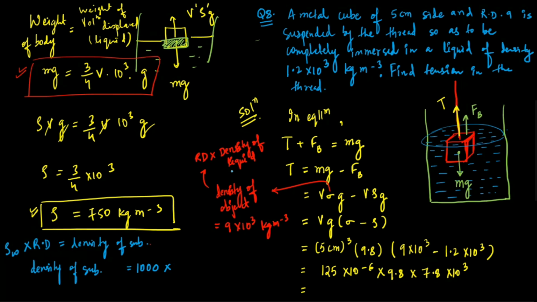Try to understand it. Relative density is the term we use as a reference. For example, suppose there is an object whose density is 2420 kilogram per meter cube.